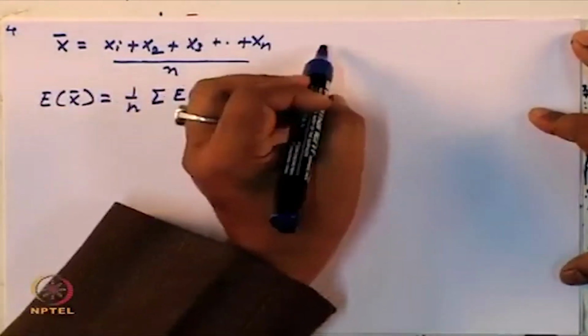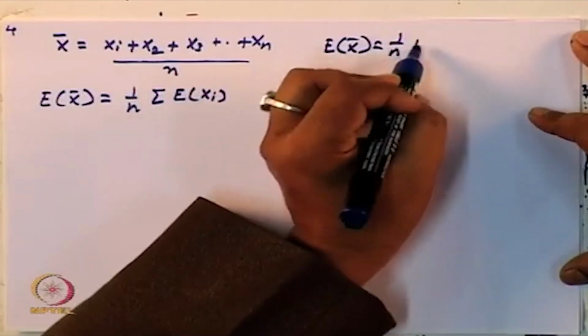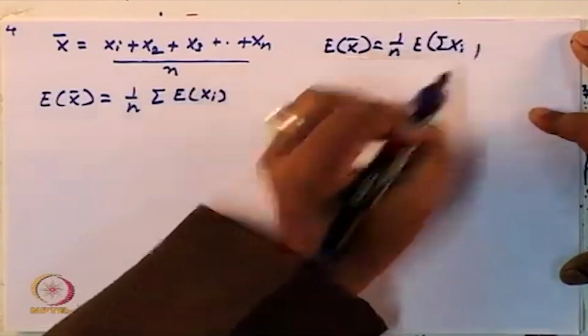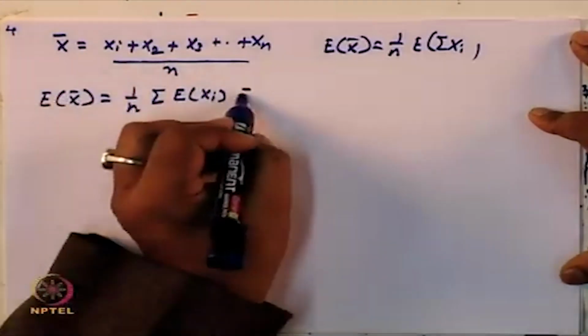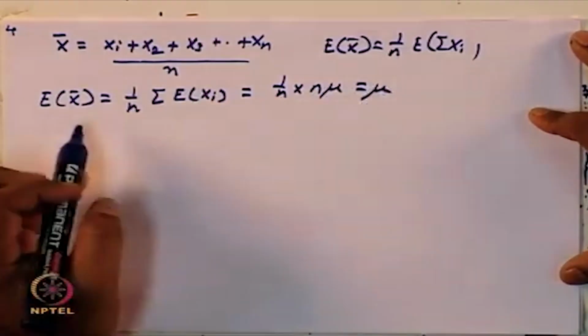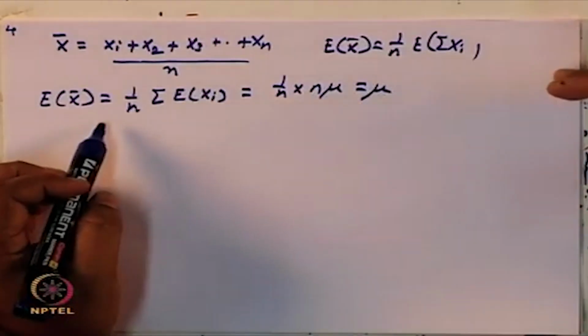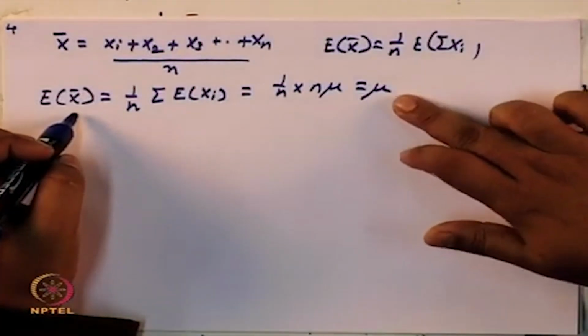So, E of x bar is 1 by n E of summation xi. Since the xi's are independent, I can make this approximation. So, I get 1 by n into n times mu, equal to mu. Okay. So, the total sum is a normal random variable with mean of n mu, but the sample mean is a normal random variable with mean of mu.